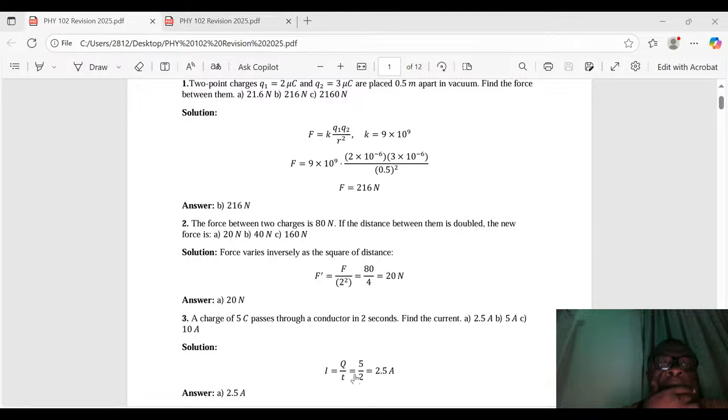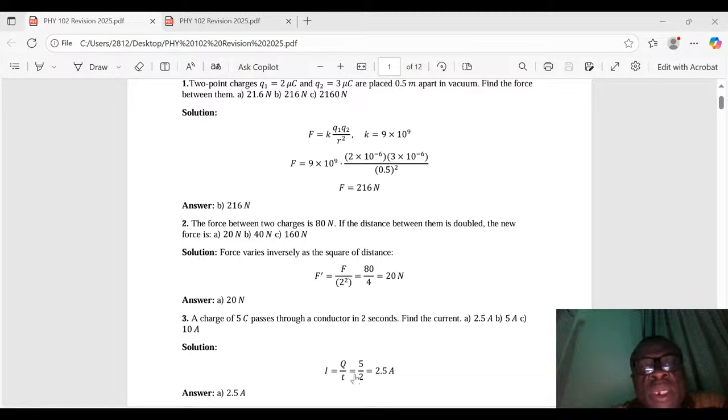Then question one, 2-point charges Q1 equal to 2 microcoulomb, Q2 equal to 3 microcoulomb are placed 0.5 cm apart in a vacuum. Find the force between them. A, 21.6 Newton, B 216 Newton, C 2160 Newton.